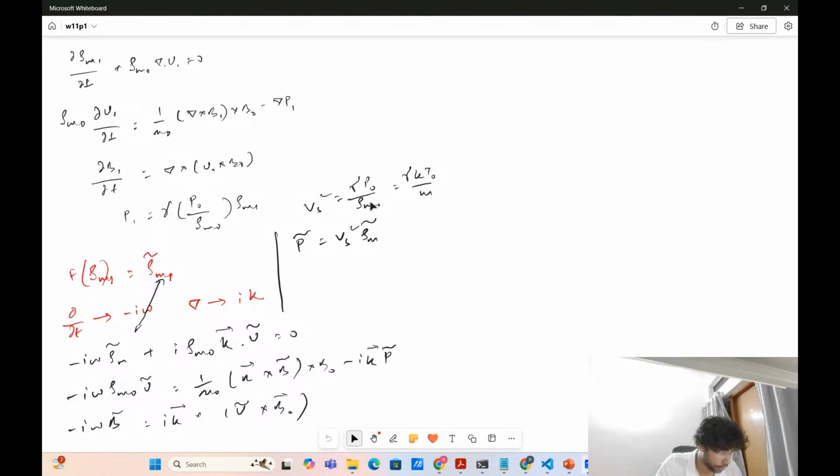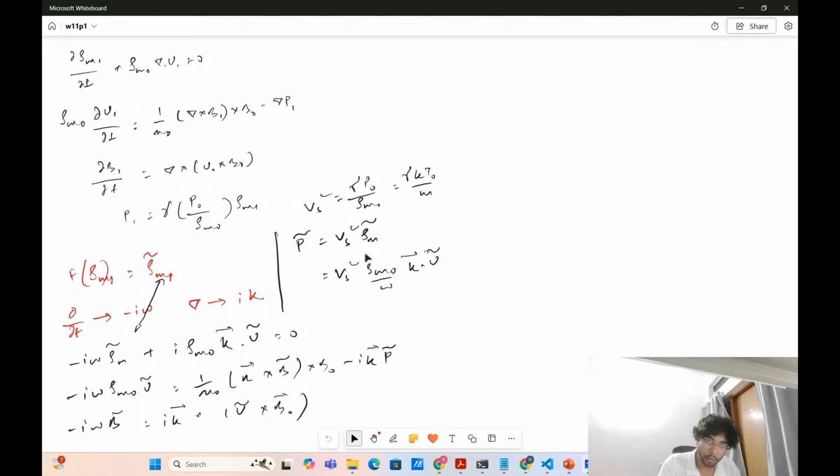This can also be written as Vs square rho m naught by omega k dot u. So this is from here, right? I just replace rho m tilde with rho m naught k dot u tilde divided by omega. Okay, we have four equations now.